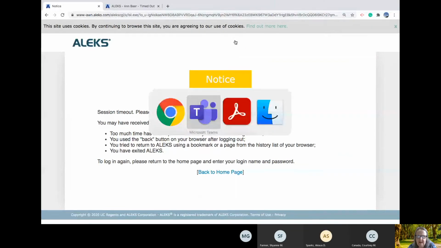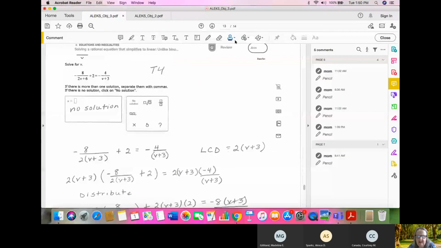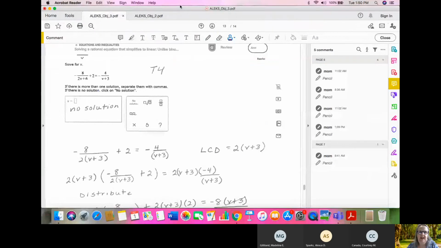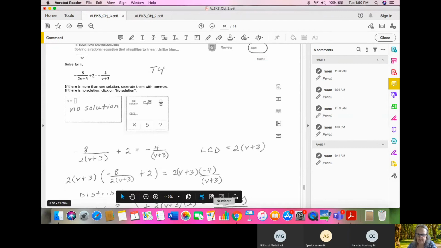I should be. Yes, I'm still sharing my screen. And you're still there, right? Okay, so let's go into Canvas here and take a look.